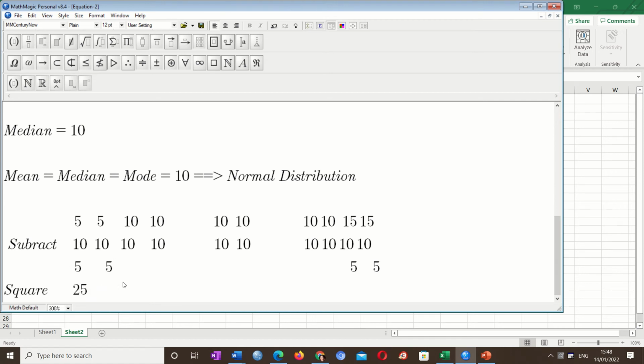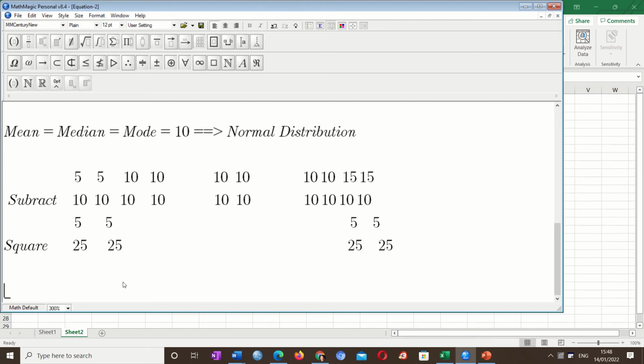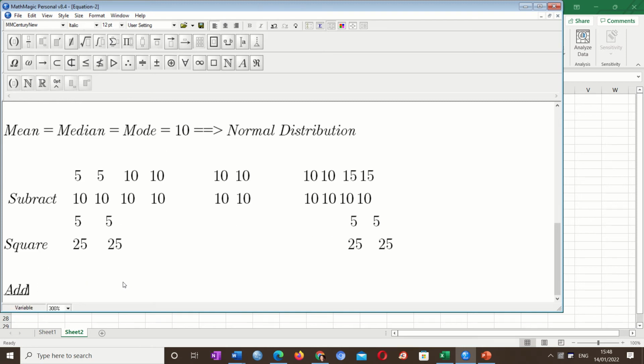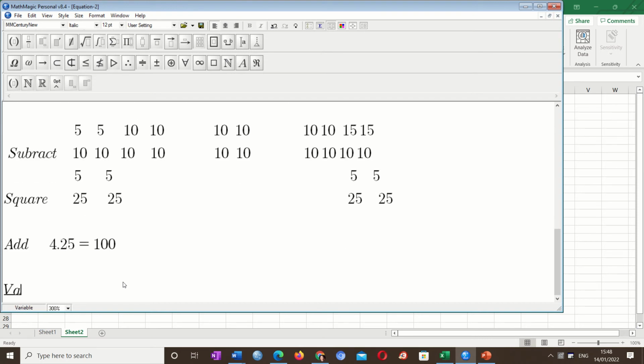So this is 25, this is 25, and I have 2 more 25s when I square these numbers. Adding them, I get 4 multiplied by 25, which is 100. So variance equals the total over n minus 1, that's 100 over 9.